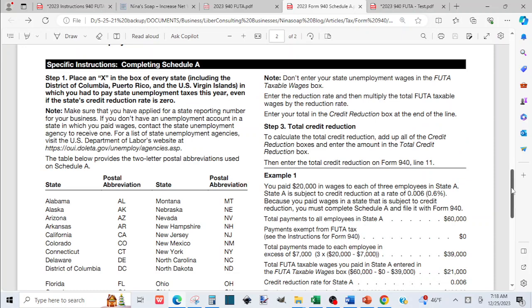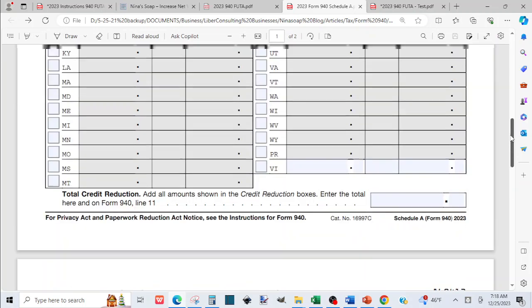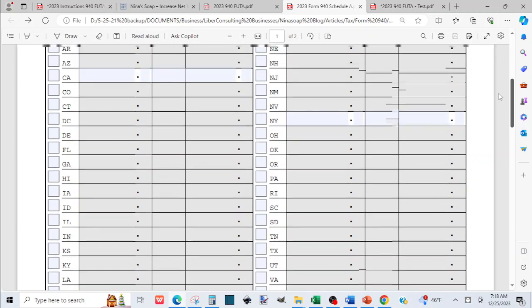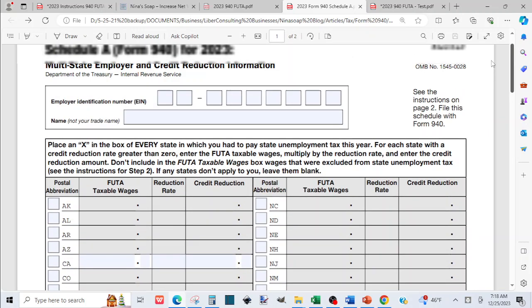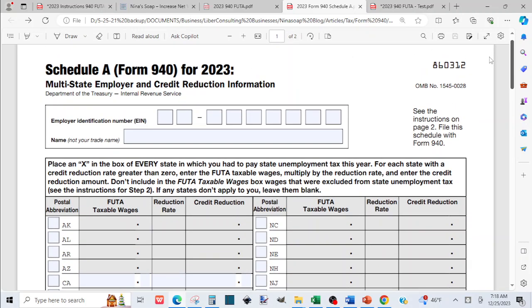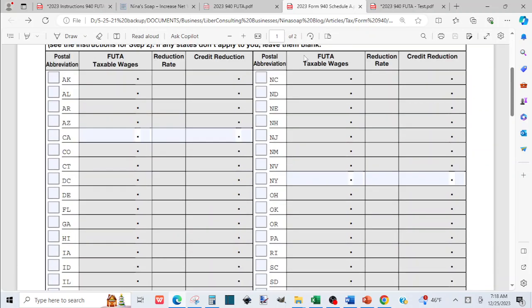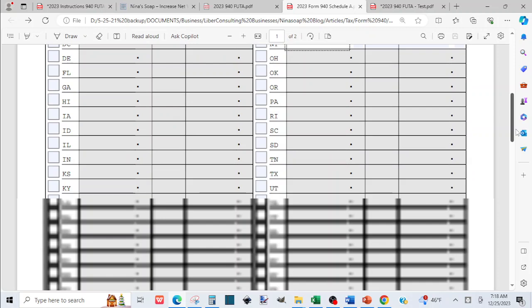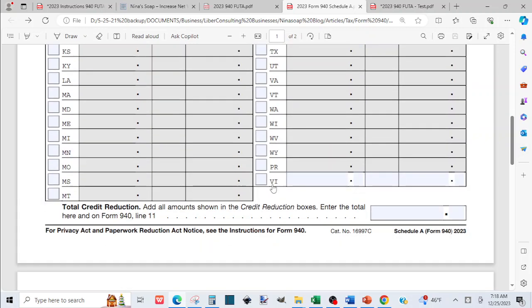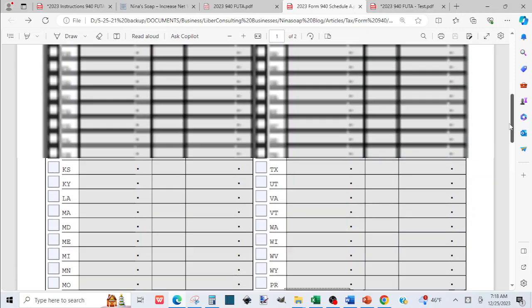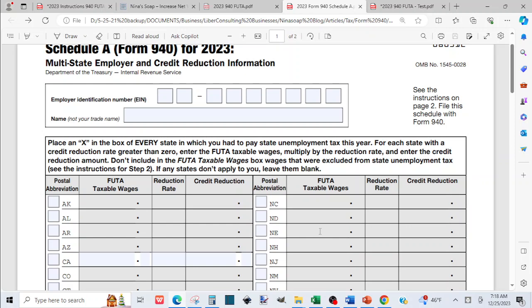I will assume if your business is in a credit reduction state, you have California, you have New York, and you have the Virgin Islands, I believe that's what VI is, that are in the credit reduction states, because every other area is blank.